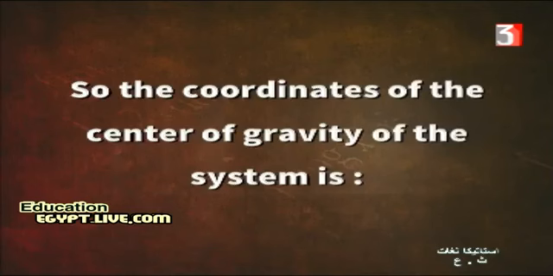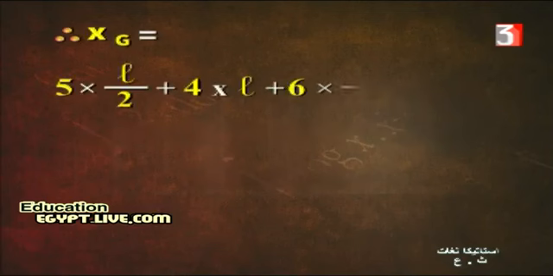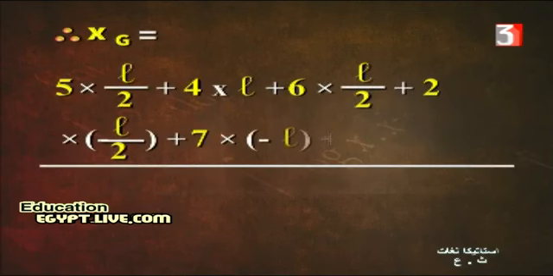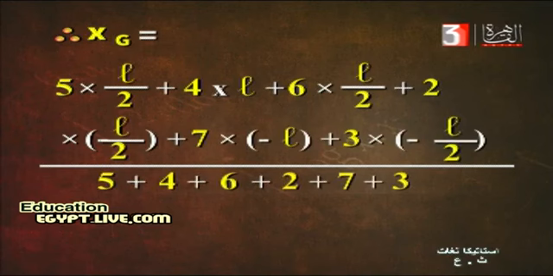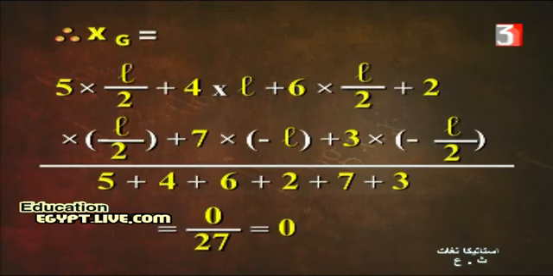By using XG to determine the center of gravity of the system, M1 x1 plus M2 x2 and so on, the center of gravity has x coordinate 0.